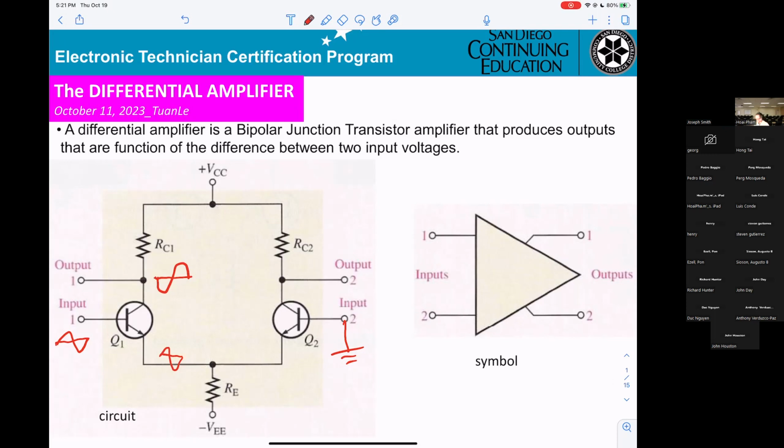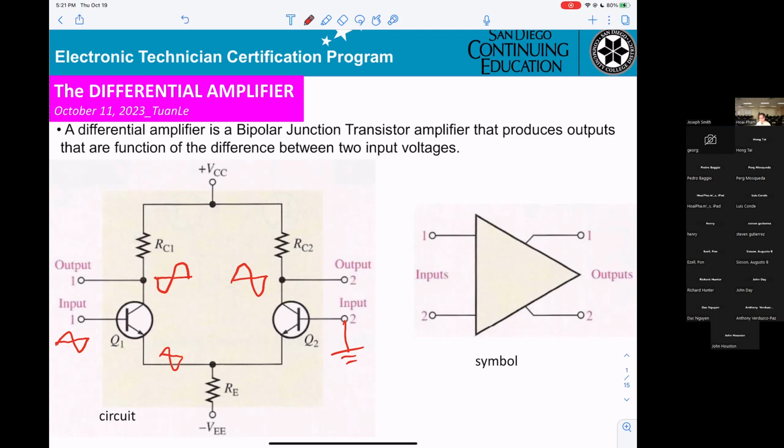And the output is also a sine wave. However, they will be in phase. You see that? That is really what we want you to know.